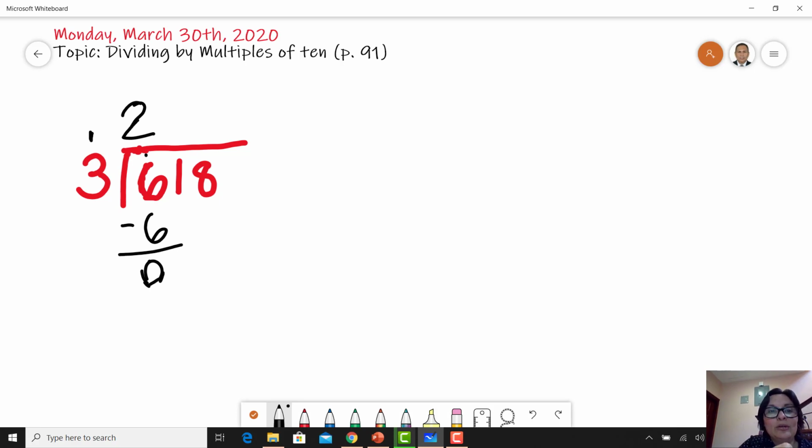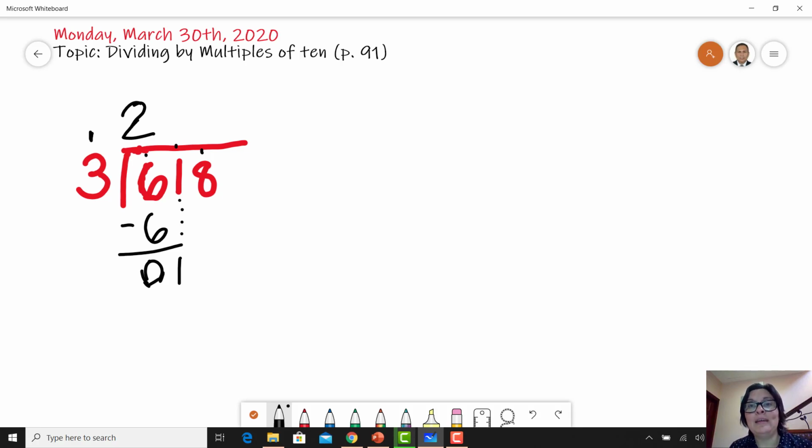We have to take the other number from the dividend, that is number 1, and we have to take that number down. But can you divide 1 into 3? No, right? Because 1 is smaller than 3. So we have to take the other number that is 8 and bring number 8 down.